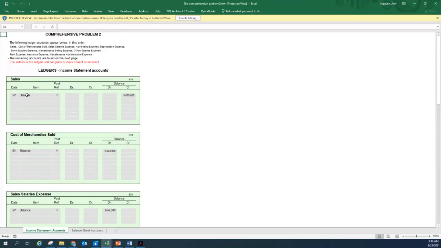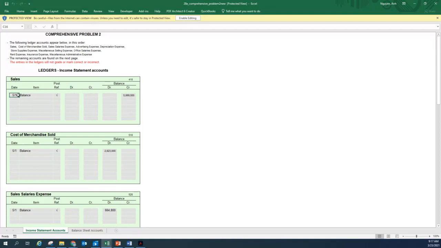So you go to sales and it gives you all the dates of each of the transactions related to sales, the debit and credit, and the current balance. These two columns here are the current or running balance each time. So the last number will be the ending balance. In the credit and debits here, that's the amount of each individual transaction.